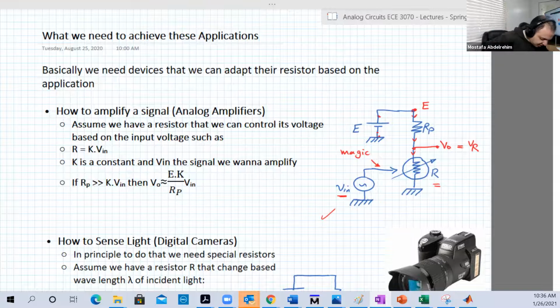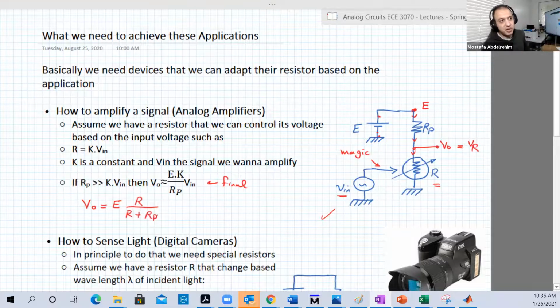So let's analyze this circuit together. VO is equal to E multiplied by R over R plus RB.